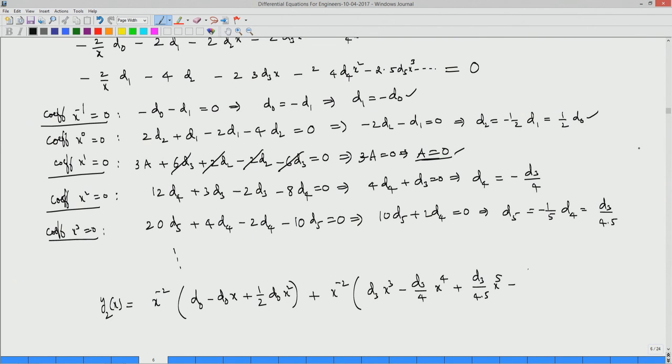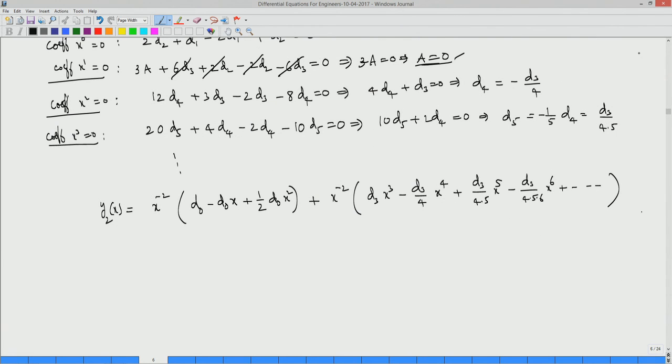You can expect the next one will be minus d3 by 4 5 6 x power 6. So, finally this equals d0 times, taking x power minus 2 inside, minus 1 by x plus 1 by 2. So, this is your solution.